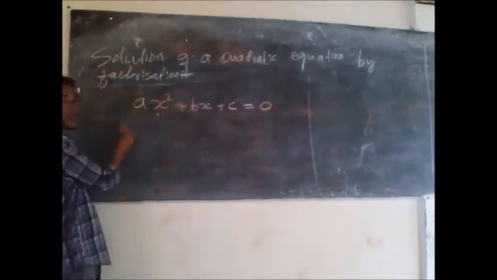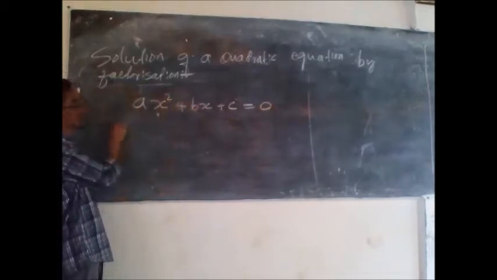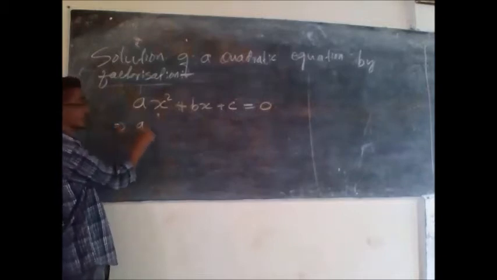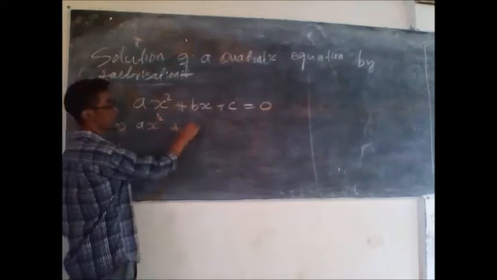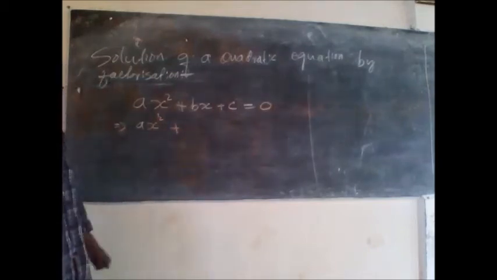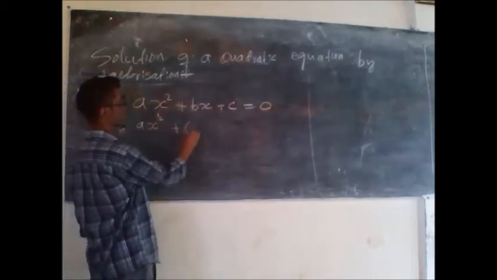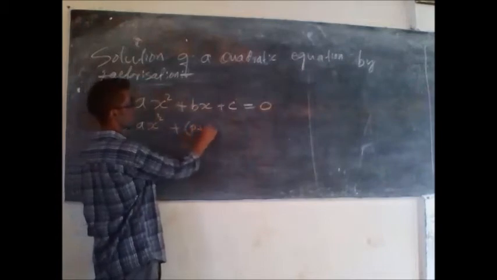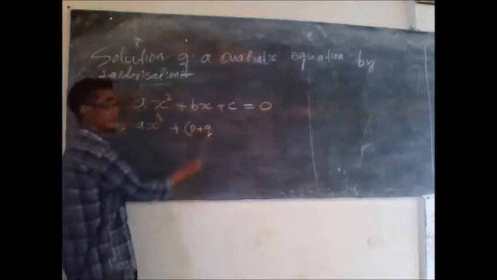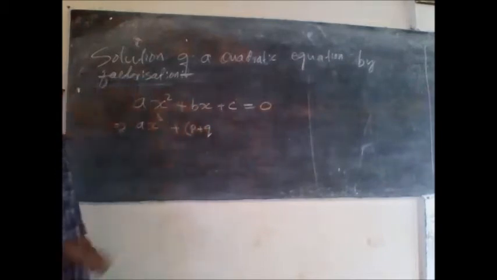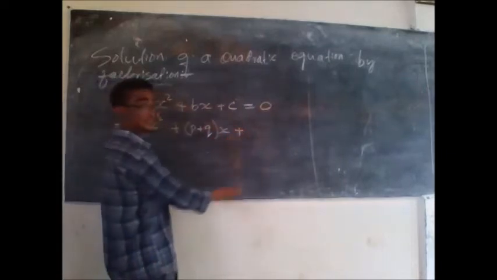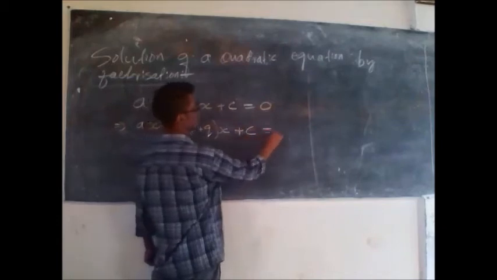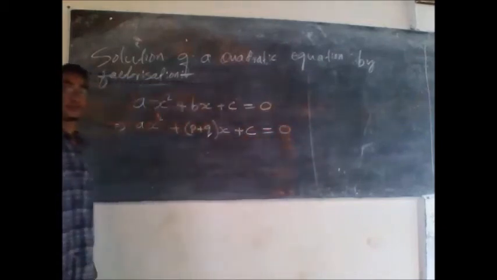You write the first term as x squared, and split the middle term into two values, p plus q, such that p plus q equals b, times x, and the last term c equal to 0.